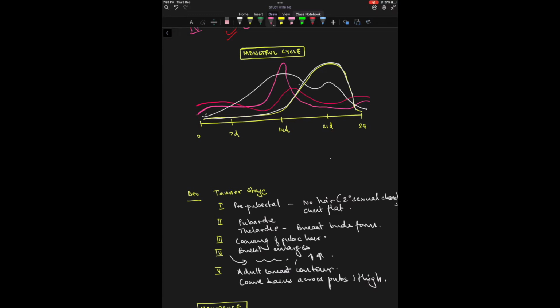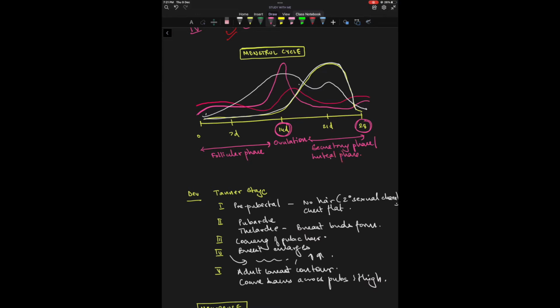So, the menstrual cycle is normally of 28 days, right? At day 14, or mid cycle, ovulation takes place. This is called the follicular phase, from day 0 to day 14, and day 14 to 28 onwards is known as the secretory phase, or the luteal phase.